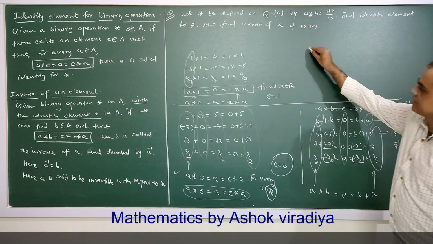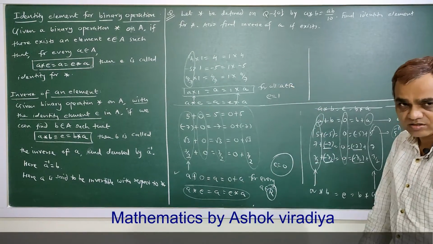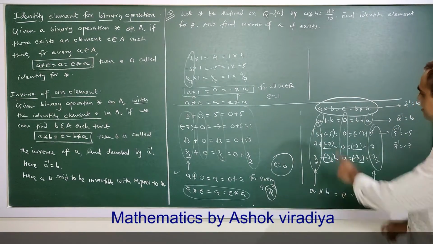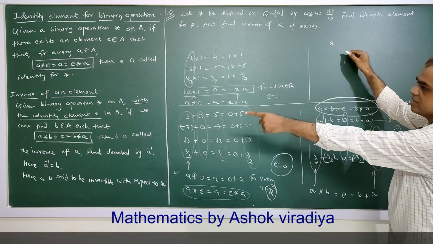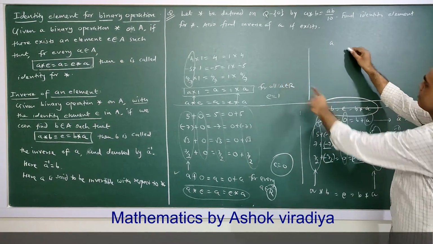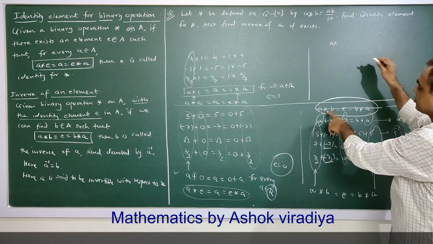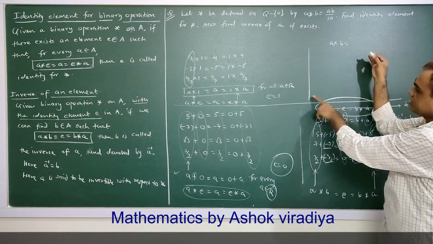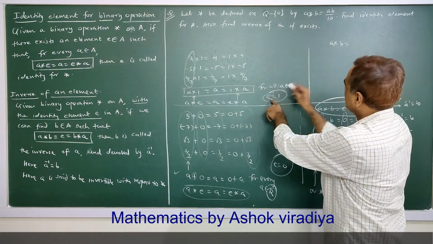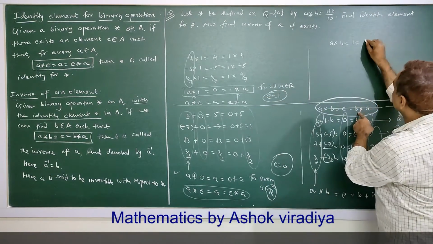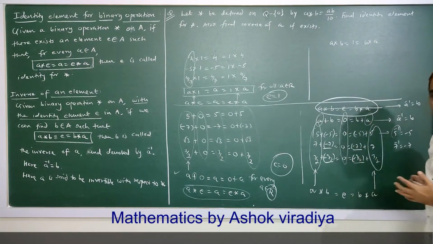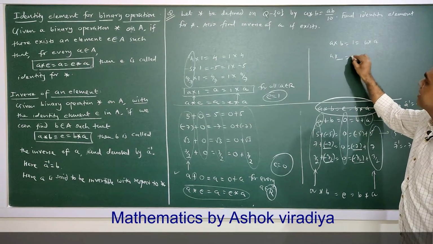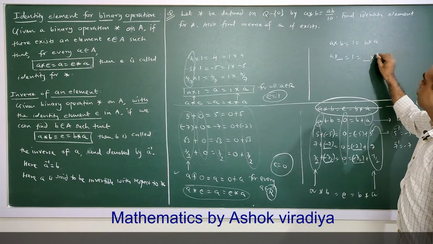In this case, multiplication. See, I am putting a similar statement. In this discussion, the binary operation is multiplication. A into B equal to E. What is E here? 1, equal to B into A. So we know that 4 into something is 1, equal to something into 4.